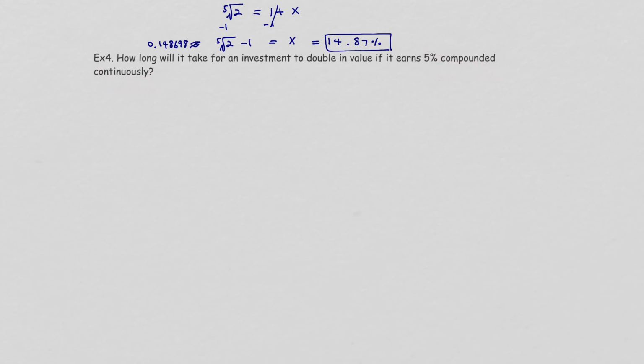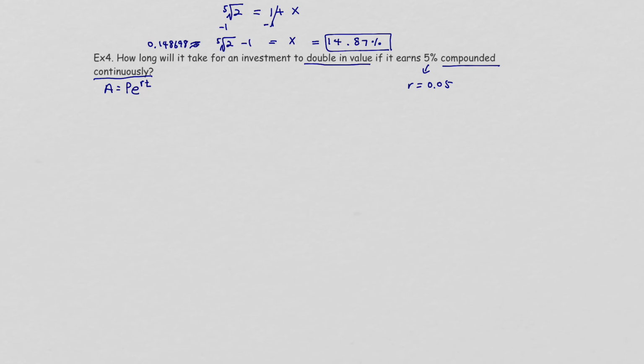So when it's compound continuously, you have a special formula. Your compound continuously formula is amount equals principal times e to the rt exponent. And you have 5%, so rate is going to be 0.05. Again, trying to make the value double.